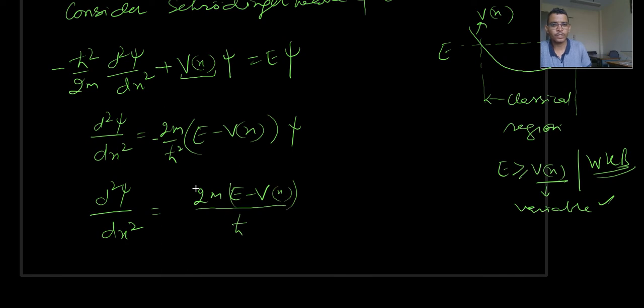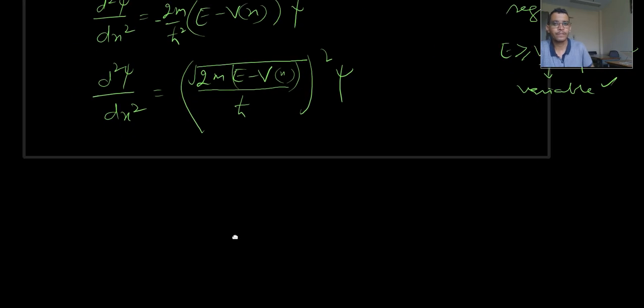This term is the value of k. So I can write d square psi over dx square equals minus k square psi. So this is our equation.